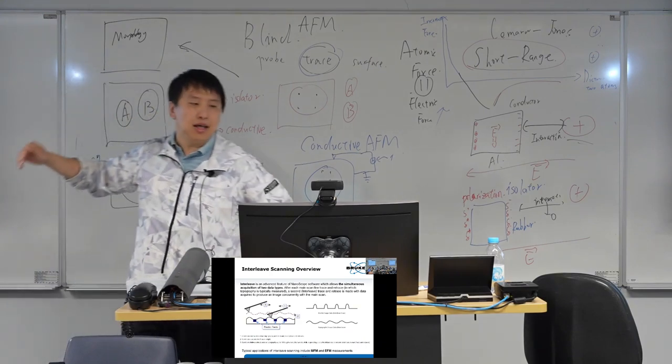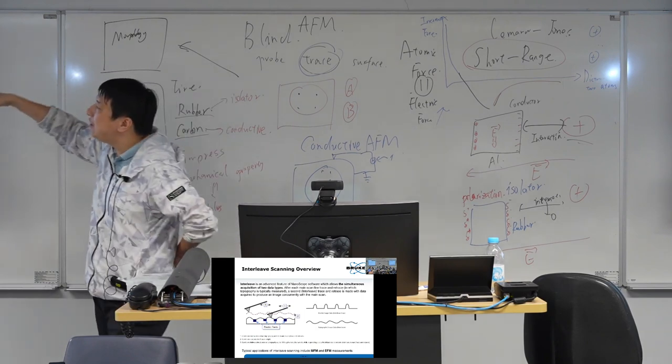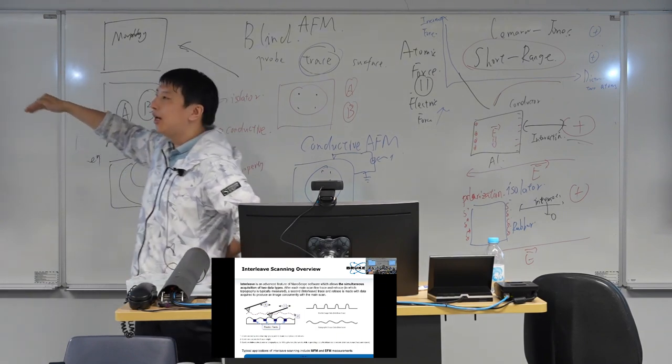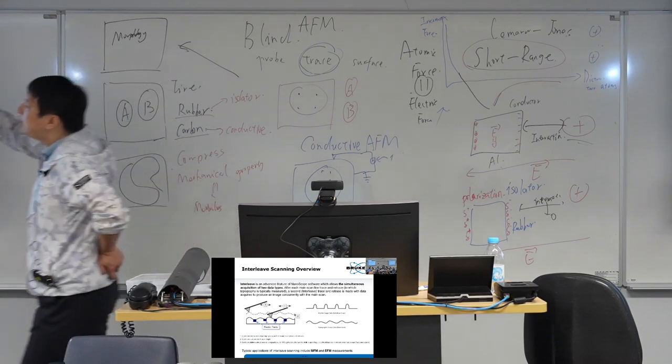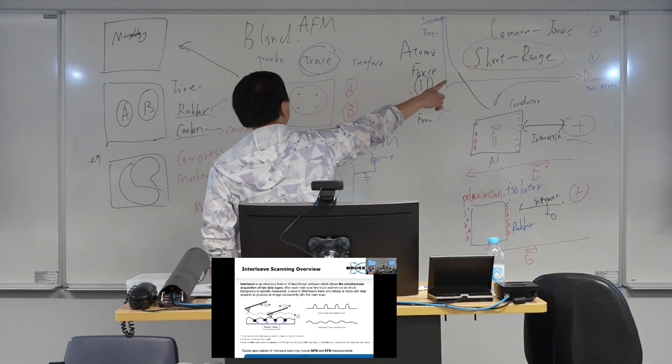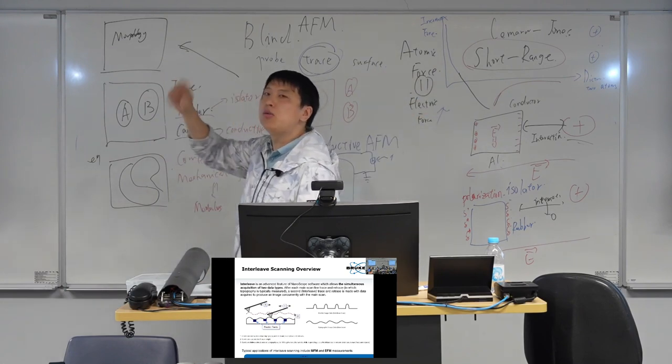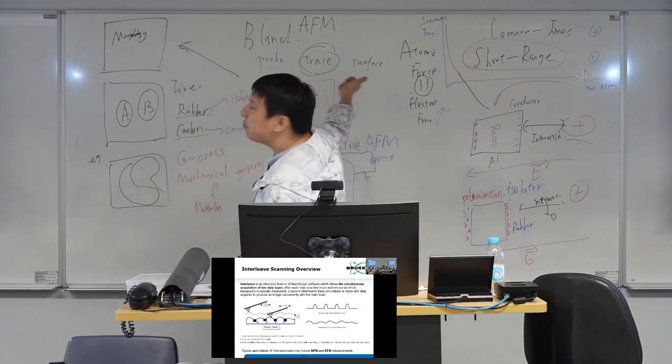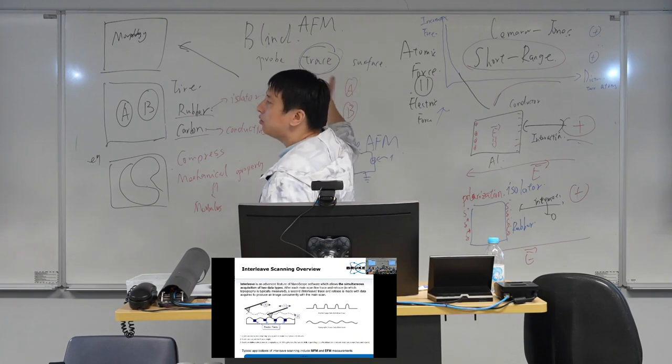And then the second time, we lift the tip up. When the tip is away from the surface, the atomic force is short range, so it is gone. We cannot measure the atomic force anymore.